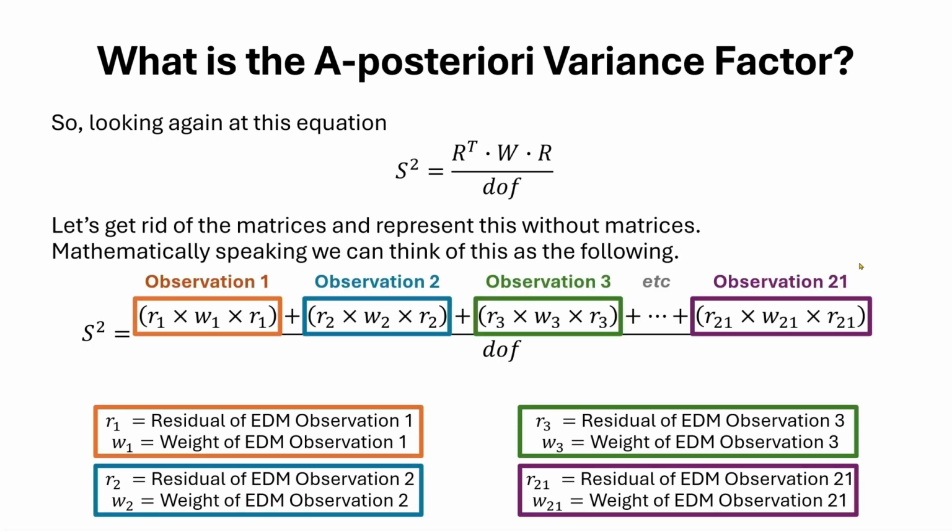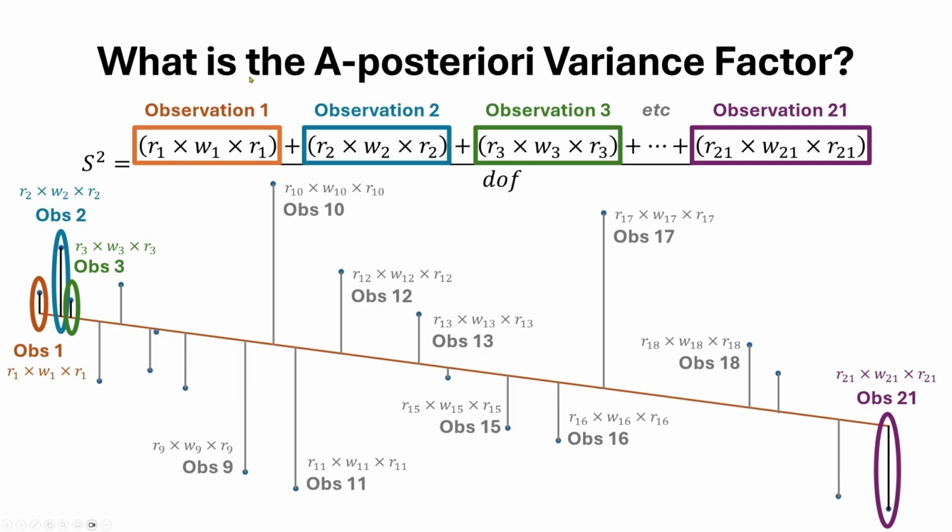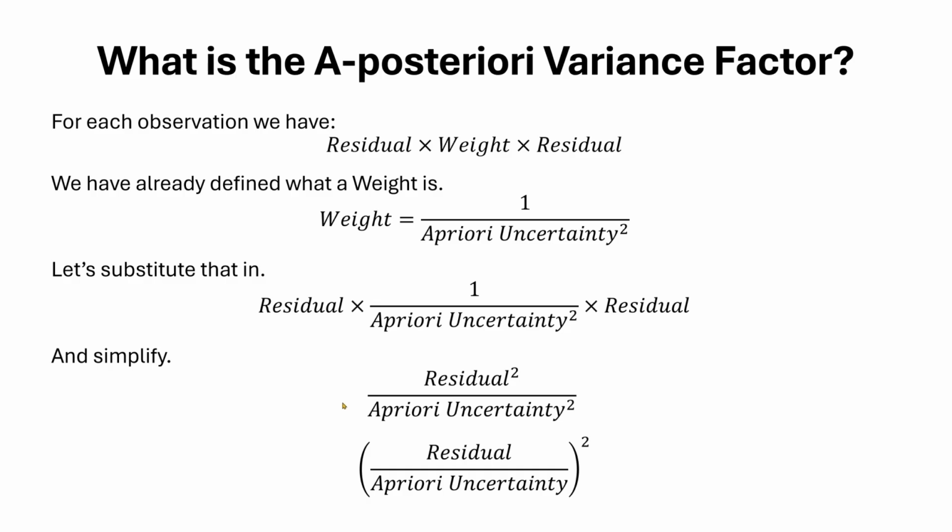So here we go: this is the residuals times the weights times the residuals for all the different observations, observation 1, 2, 3, 4, 5, 6, 7, etc., all the way to 21. For each observation, we have residual times weight times residual.